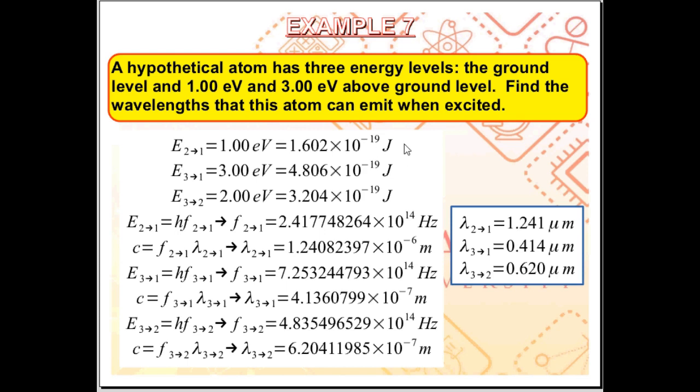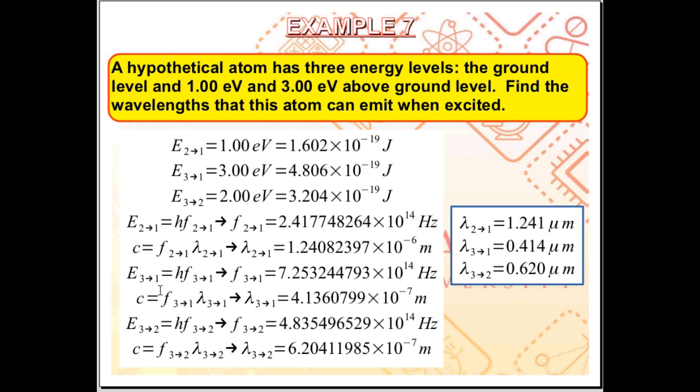Each of these transitions will produce a photon. Knowing that photon energy is just equal to hf, E2 to 1 is equal to hf, E3 to 1 is also equal to hf, and E3 to 2 is equal to hf. So each one will give us a frequency of light. You have f2 to 1, 2.4177 48264 times 10 to the 14 power hertz.